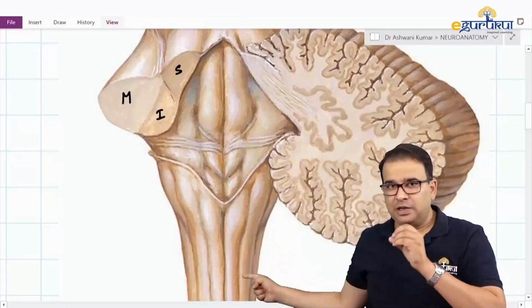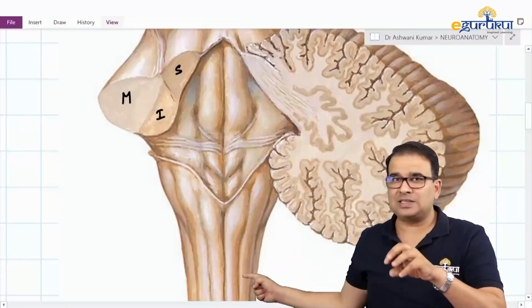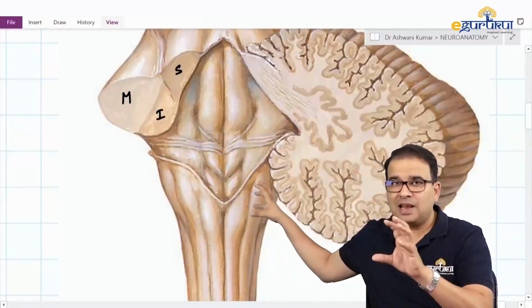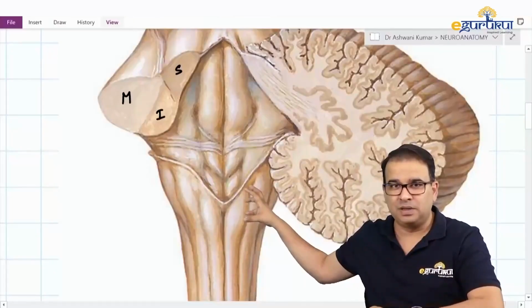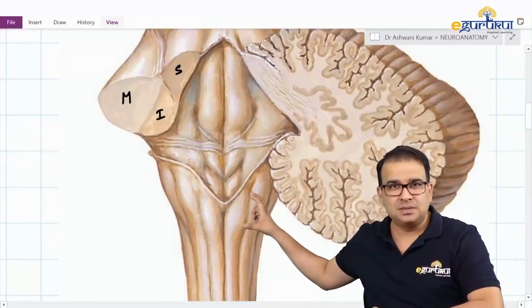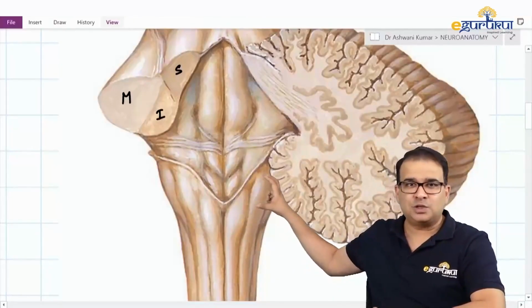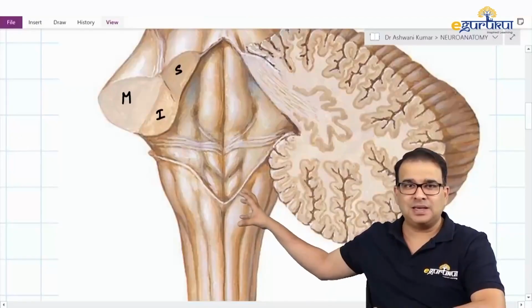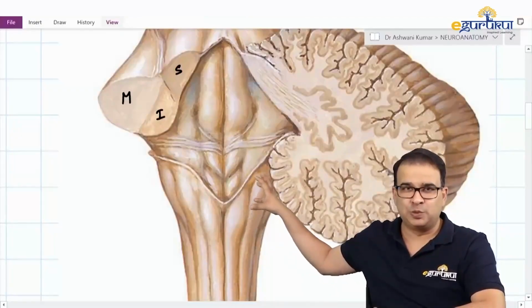We know that the nuclei for the fasciculus gracilis and cuneatus are in the medulla oblongata, and they are present in these elevations only. That's why they're elevated, because we have nuclei present deep to them. So we have the nucleus gracilis and nucleus cuneatus present inside, and that's why these tubercles are called the gracile tubercle and cuneate tubercle.